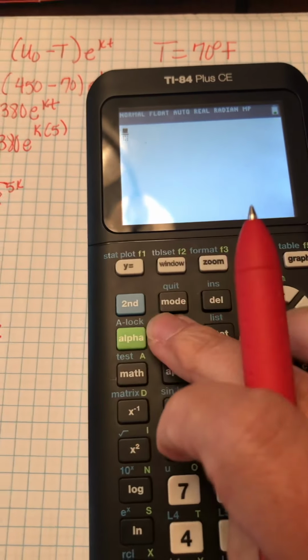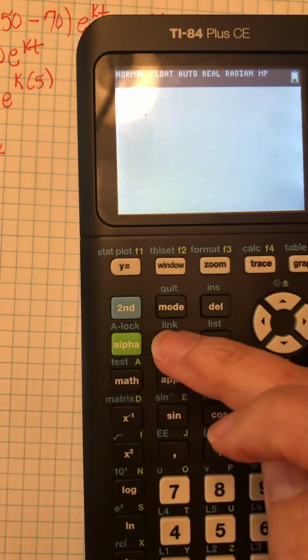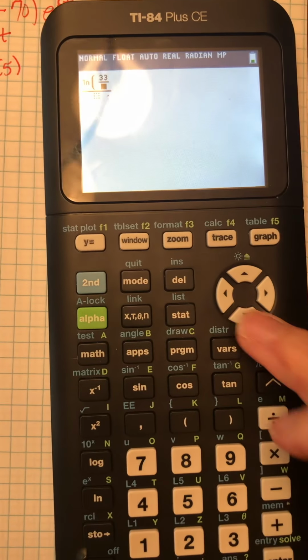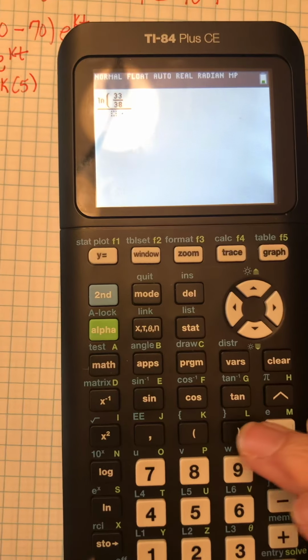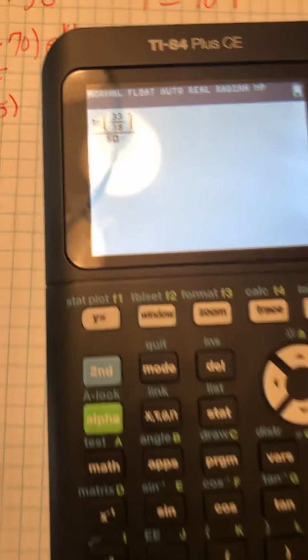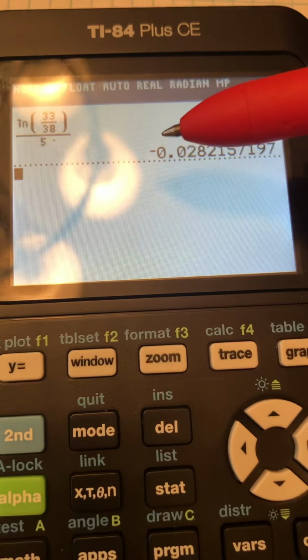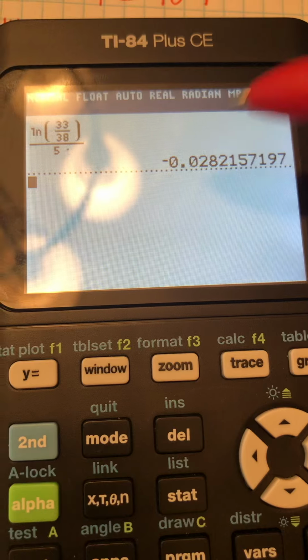Let's see, alpha x is equal to the natural log of my fraction, 33/38, all over 5. Okay, and so this is what my K is going to be.